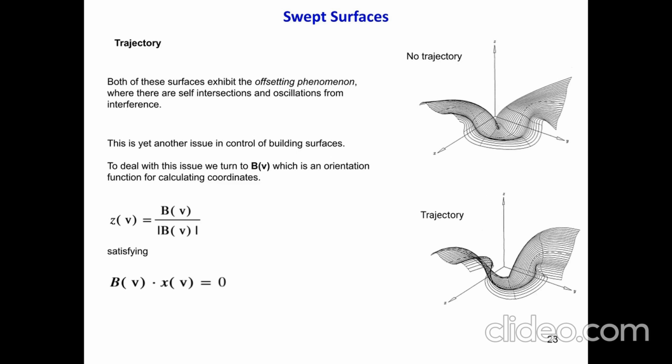So this is another issue in control in building surfaces. To deal with this, we turn to this B vector that I didn't really talk about, which is an orientation function for calculating coordinates, as we can see. Now we are calculating our Z coordinate based on this B vector.